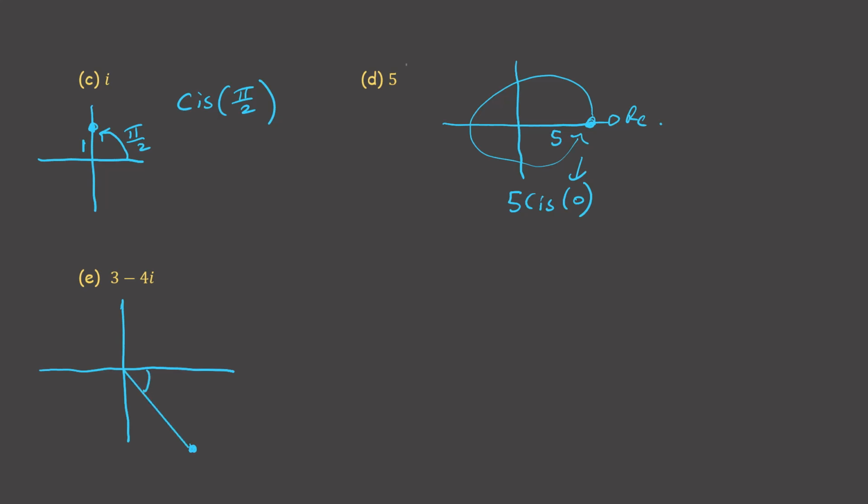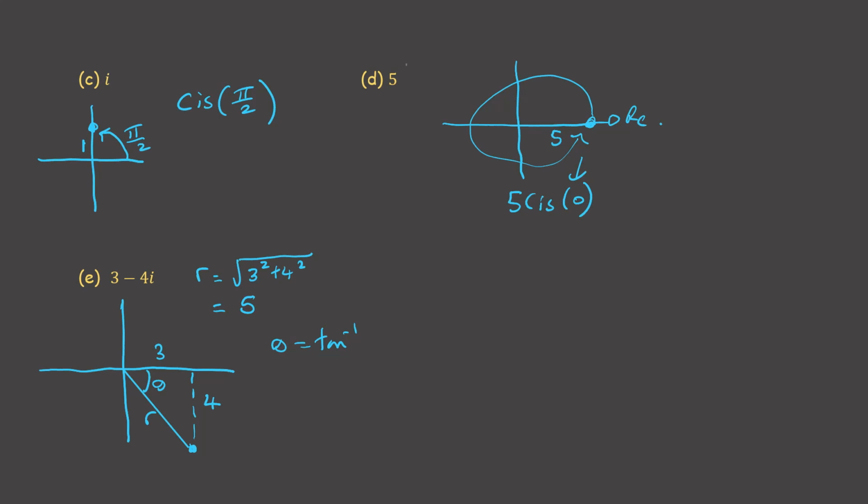We're going to be interested in this angle, which I'll call theta for now. That's 3, that's 4. The magnitude, which is this one, is just going to be, by Pythagoras, r equals the square root of 3 squared plus 4 squared. Root 25 is 5. And for the angle, we're actually going to need to work it out.